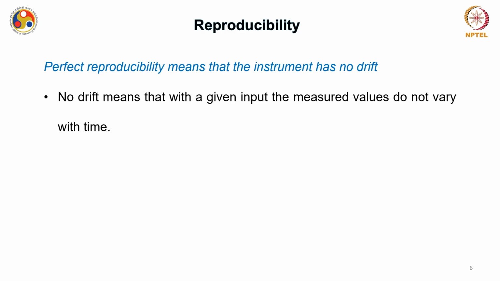A perfect reproducibility means that the instrument is drift free, there is no drift.